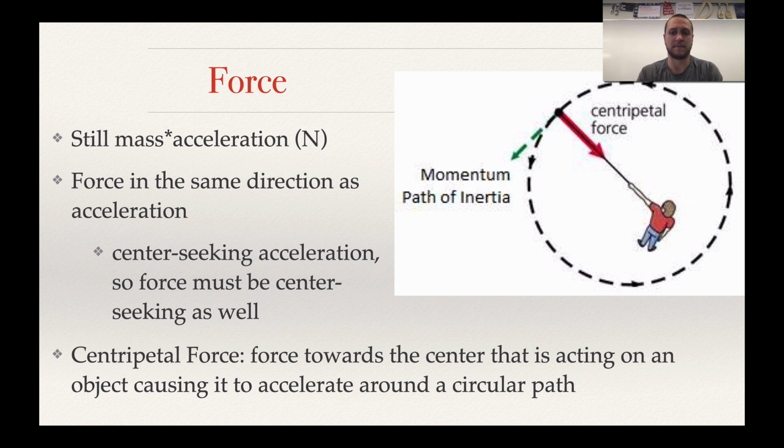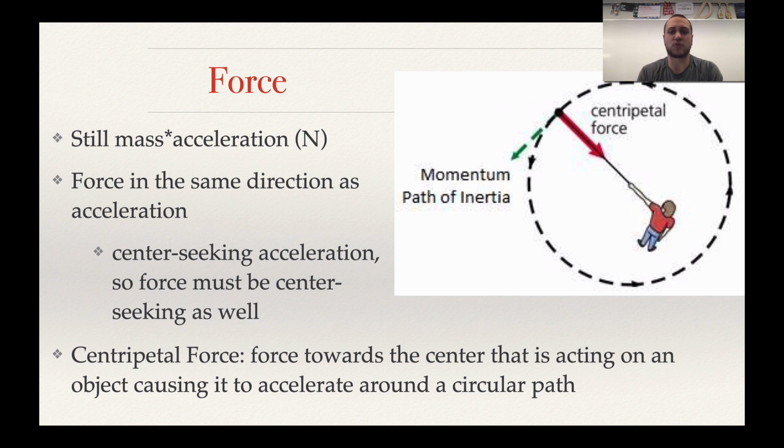Now we can still find this with a simple mass times acceleration, but now it's that specific centripetal acceleration that we're talking about here. Looking at the diagram on the right-hand side, you'll see the person swinging this ball in a horizontal circle, right? Because this is an overhead view of what that would look like. So the inertial path that it is talking about and the momentum of the object, that is matching where the tangential velocity is. So that green vector indicating the momentum, being the product of mass and velocity, is going to be in line, and it's going to be in the same direction as that tangential velocity.